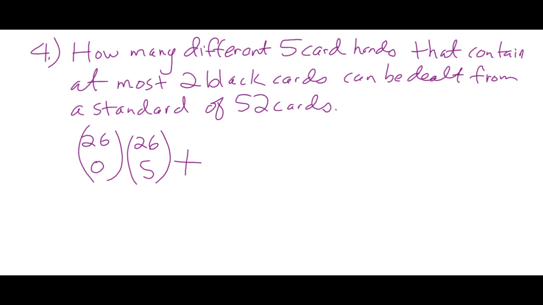Or, okay, I have no black cards, or 1. How do we do 1 black card? So fill in the rest. You should be able to do this. So that's 0, or, fill in for 1 black card, or, and then fill in for 2 black cards.